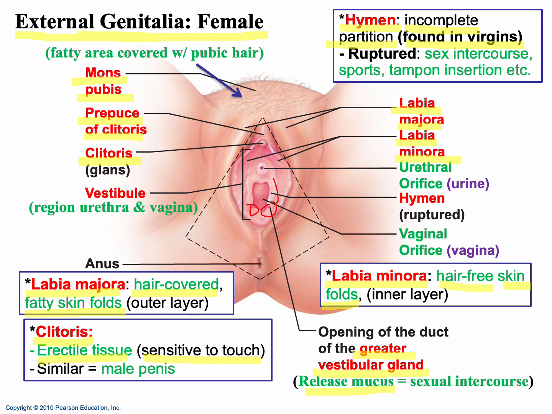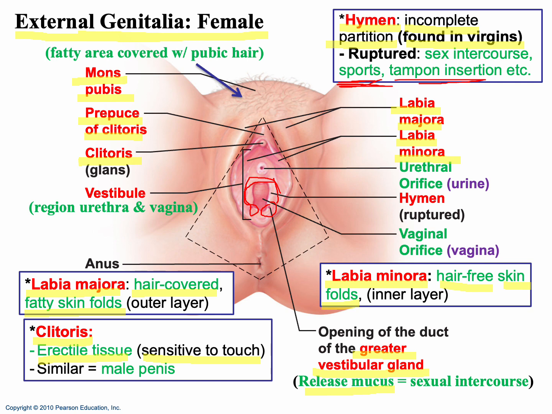And here's the hymen right here. Sometimes it's not sex that actually ruptures the structure. Sometimes it can be sport related, if she's playing a very physical contact sport like football or soccer or rugby. Even a tampon sometimes can rupture the structure.